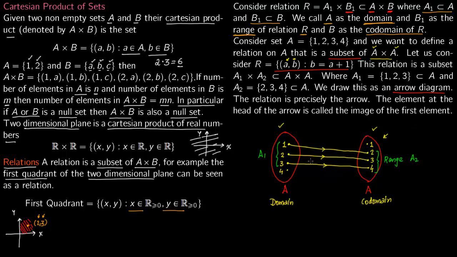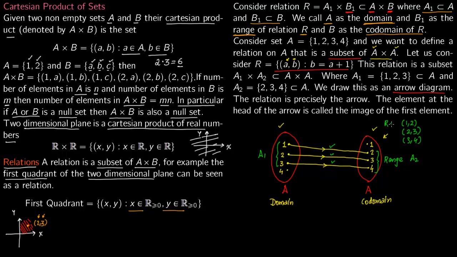Therefore you can write this relation as this set of tuples. Your first element is (1, 2), that is, you're talking about this arrow. Then the second is (2, 3). The third one is (3, 4). All these three are nothing but 3 arrows.